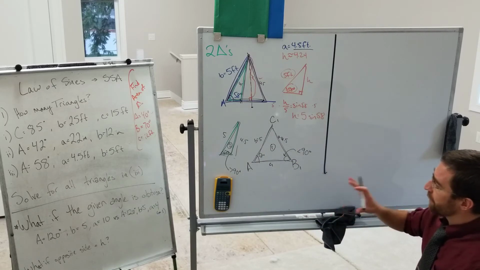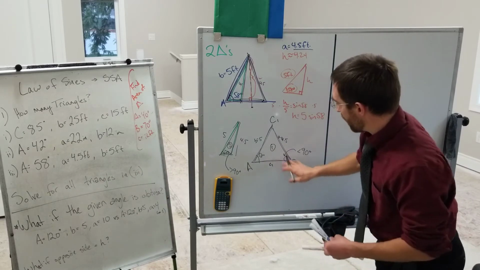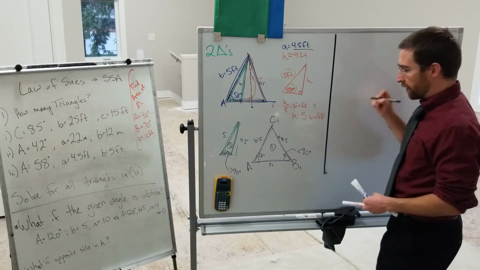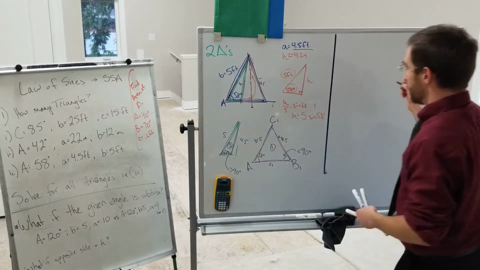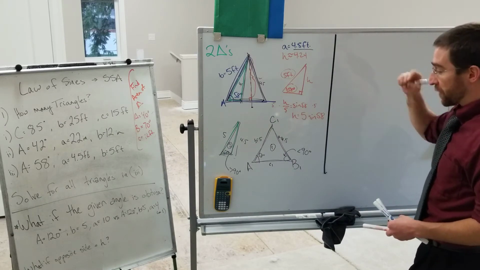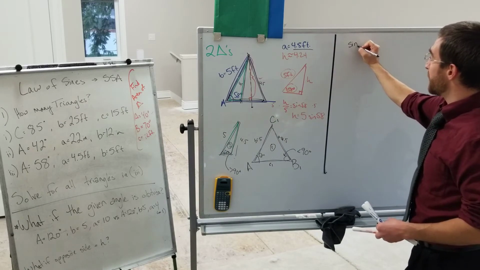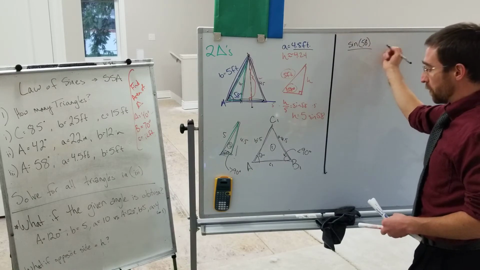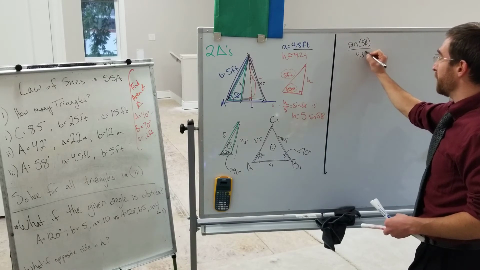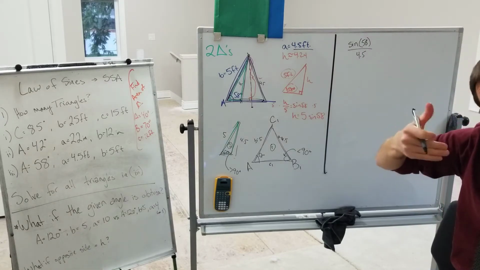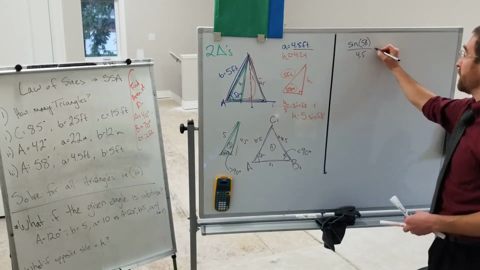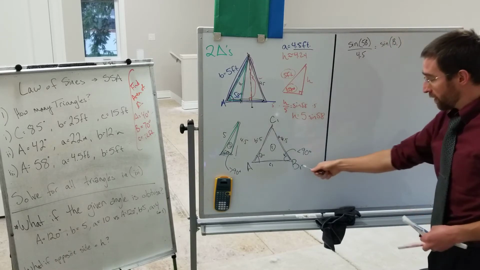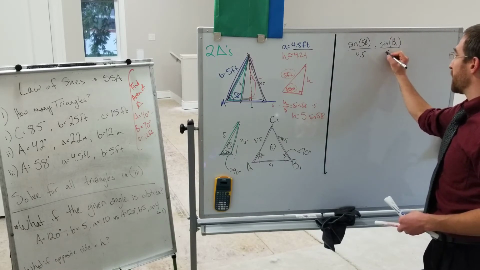Let's look at triangle 1. So for triangle 1 here, this should be a C sub 1. We know that sine of 58 over 4.5, this is the flipped version of the law of sines, equals sine of B sub 1, this angle, divided by 5.